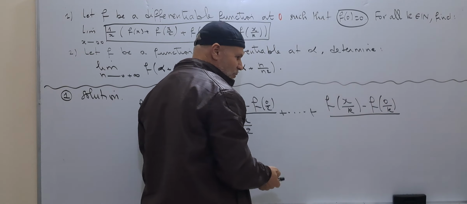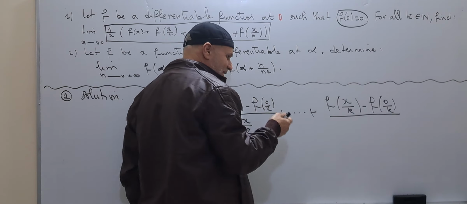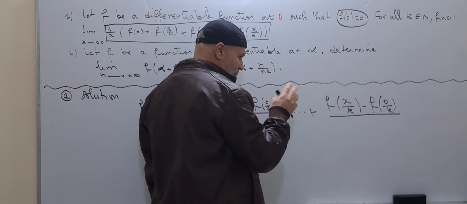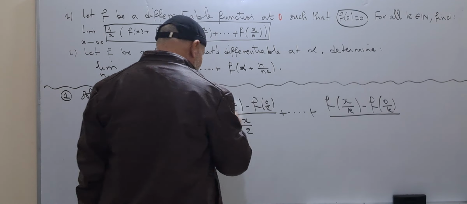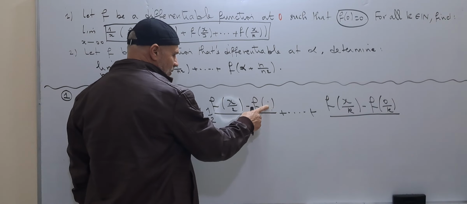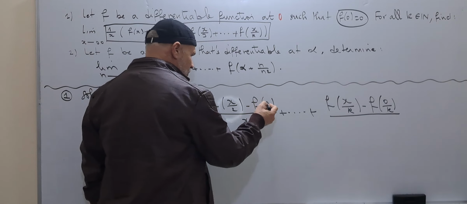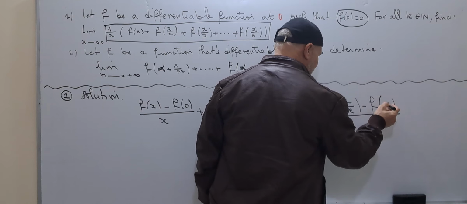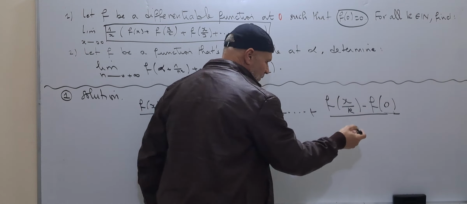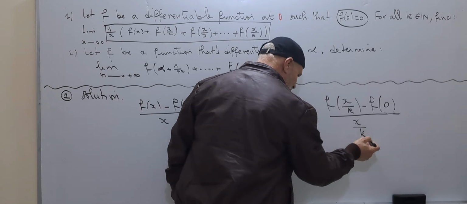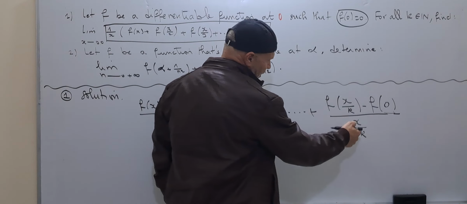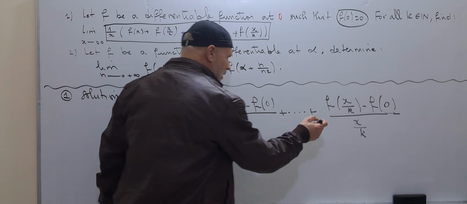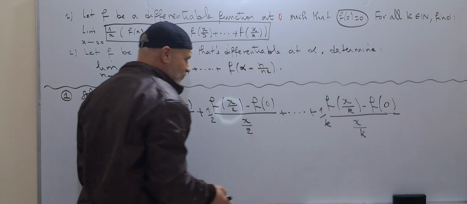F of 0 over k is actually equal to f of 0. I just wrote it like this. Actually, we can take 0 here. It is more suitable, more correct. Over x divided by k, and since we divided by k because originally we have x, we take 1 over k.